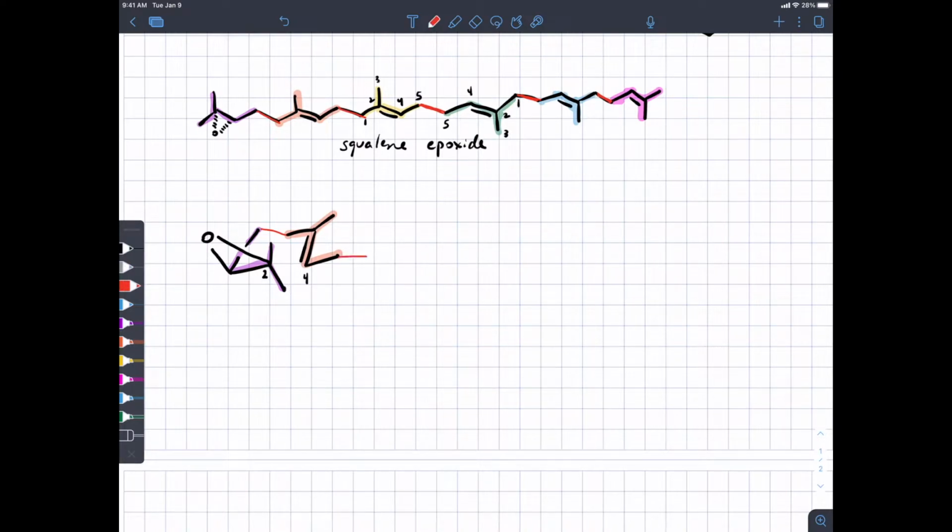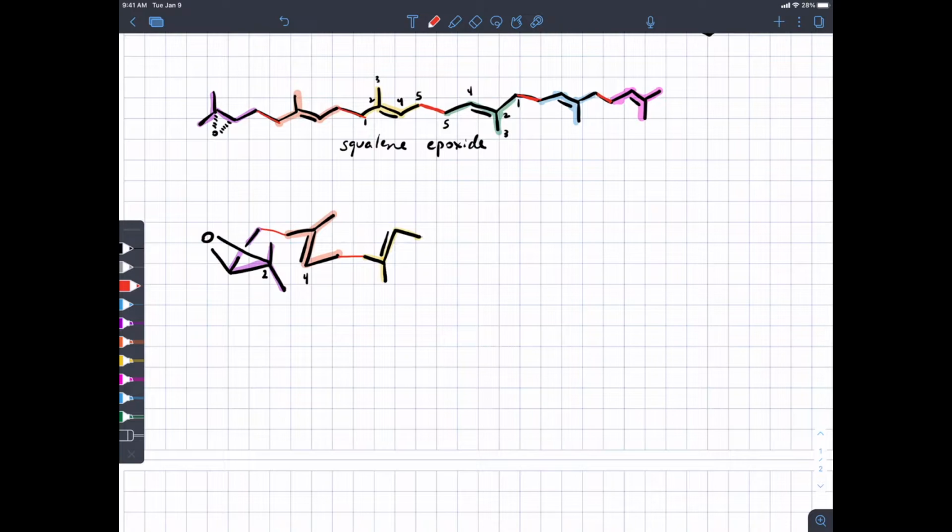And we've got another bond between isoprene units, and then 1, 2, 3, 4, 5. That's going to be the yellow isoprene unit. Then we've got the head-to-head bond between carbons 5 of yellow and green respectively.